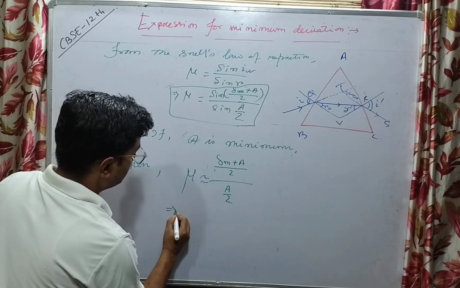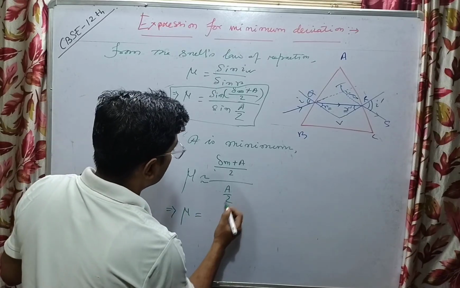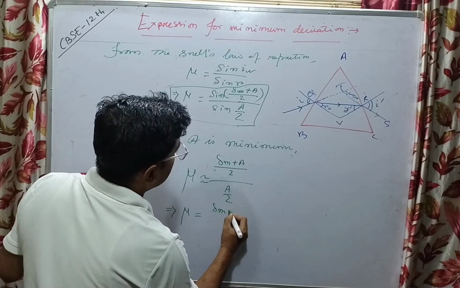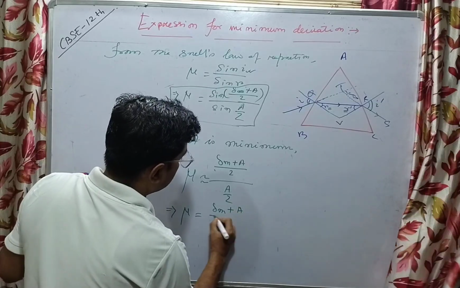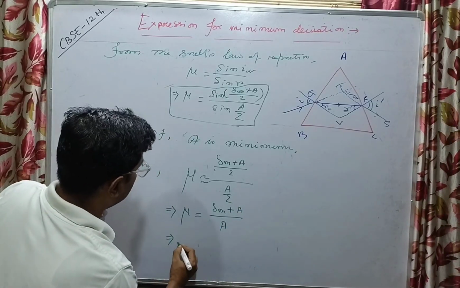This implies mu is equal to (delta m plus A) by A, as the 2 is eliminated.